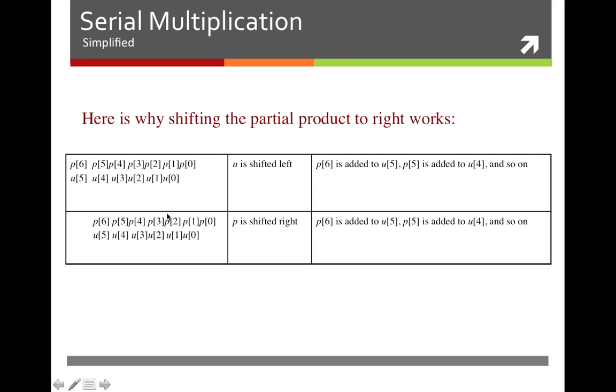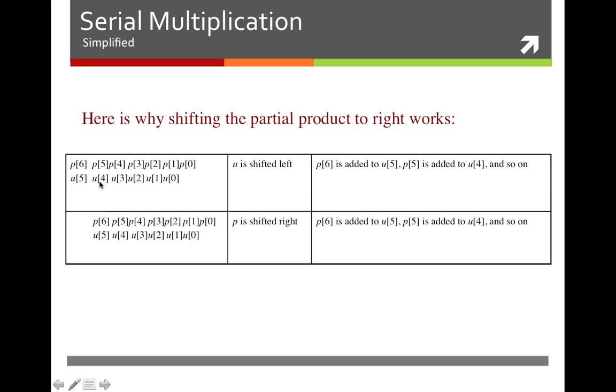All right, so I think this table explains why shifting P to the right is the same as shifting the multiplicand to the left. You can see that happening. This is where the multiplicand is shifted to the left, and here we took the multiplier and shifted it by 1 place to the right, where we didn't shift the original multiplicand.